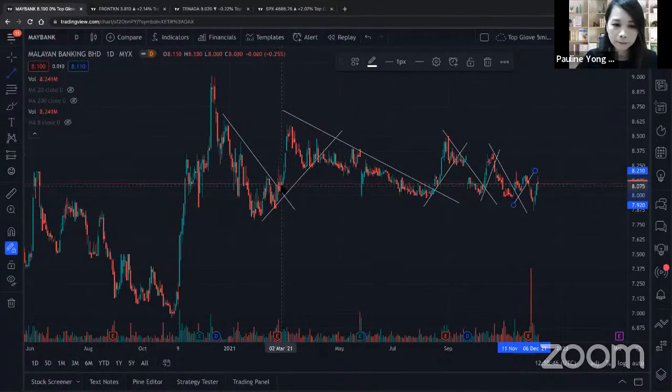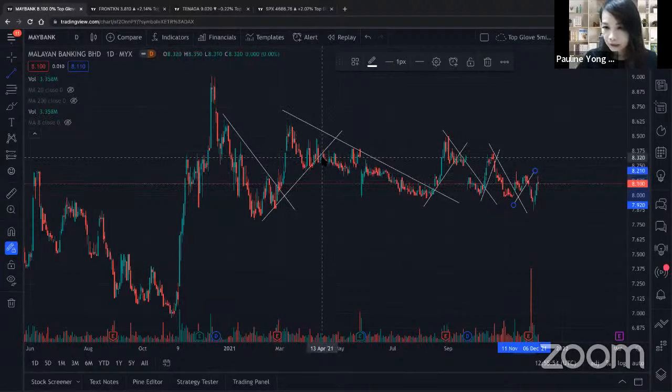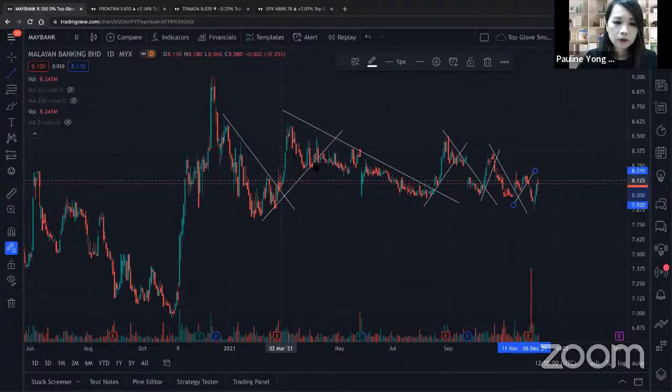Here we buy at 8.09, and then we sell at 8.32. So this one makes about 20 cents. Then here we buy at 8.10, and then we sell at 8.27. We make about 17 cents.